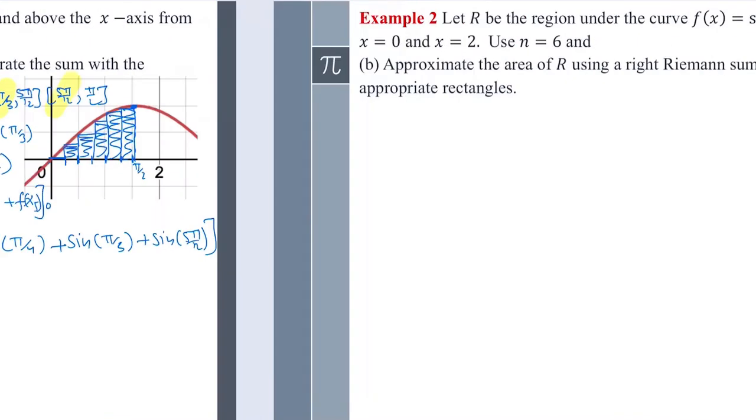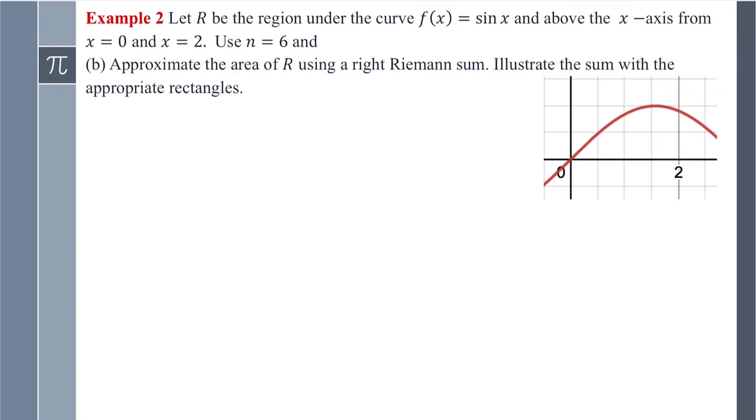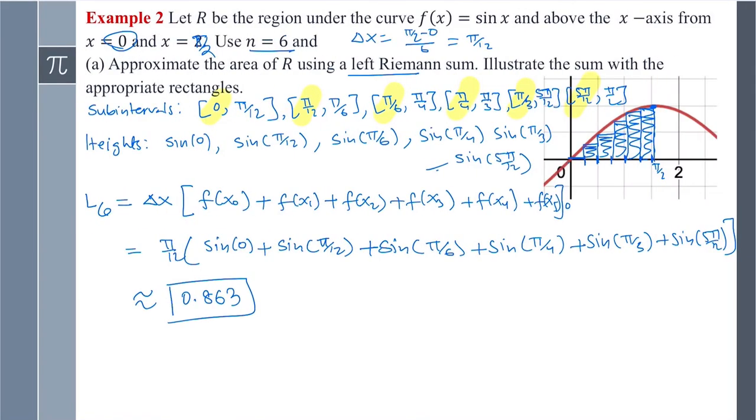Now let's go into the right Riemann sum. Again, the sub-intervals are exactly the same, so I'm just going to write the height, okay? I'm not going to write all of that. You can just look at the previous part A. So the height now, the one that we are going to take is the right endpoint. So these are the endpoints that we are going to take for the height, okay?